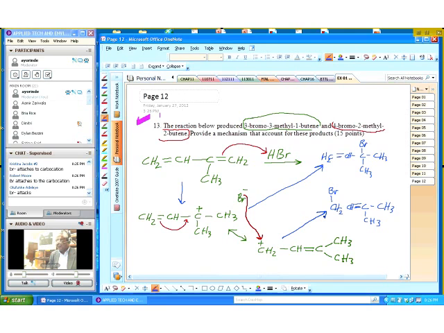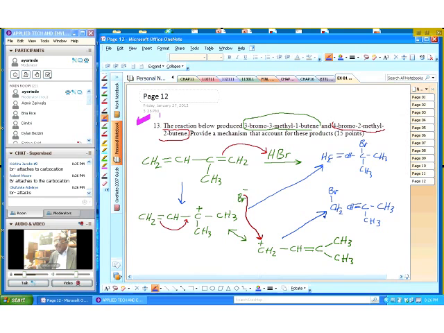They gave us the reaction, and of course, they also gave us the product in the form of the names of the product, and then we write the structures of the products, and then from there we write the mechanism.